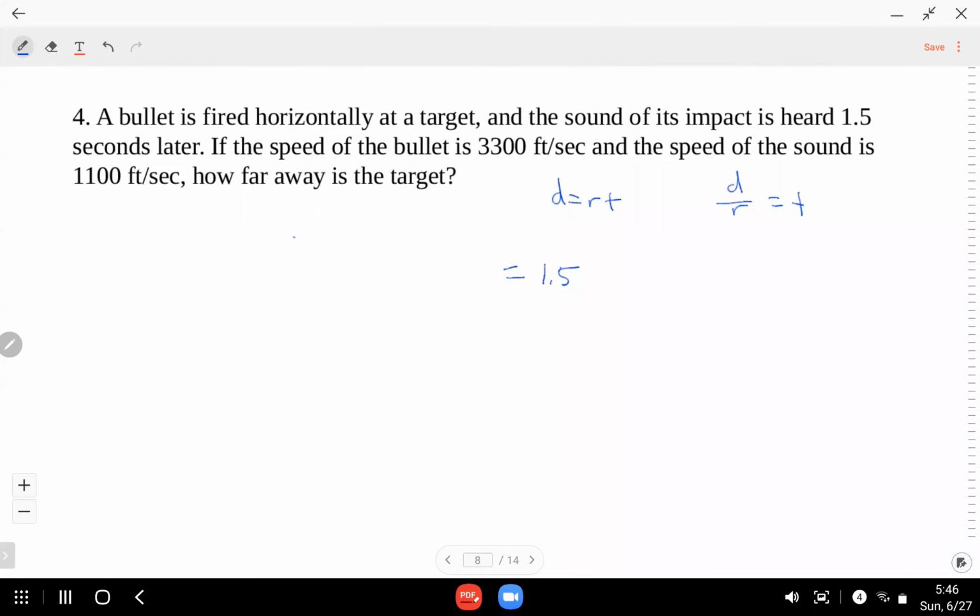We have d over, in this case, we can use d or x, but since it's distance, let's use d. Because 1.5 is actually the combined time, because we need the bullet to hit the target first. It's hitting the target. That's a very bad target.